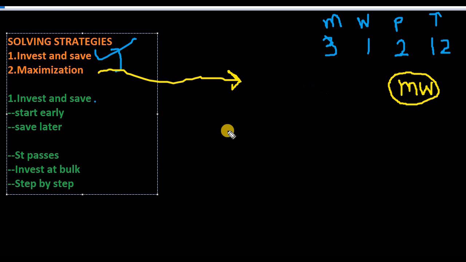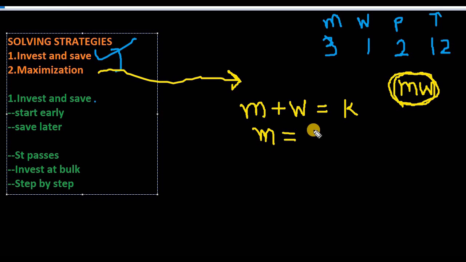So in order to do this, let's go ahead and do the basic calculation. Let's say I have m machines and w workers. Their sum would result in some constant k, right? I don't know what k is, but let's assume this is a constant. So we need to maximize this term. First I'll substitute m. The m value would be k minus w.